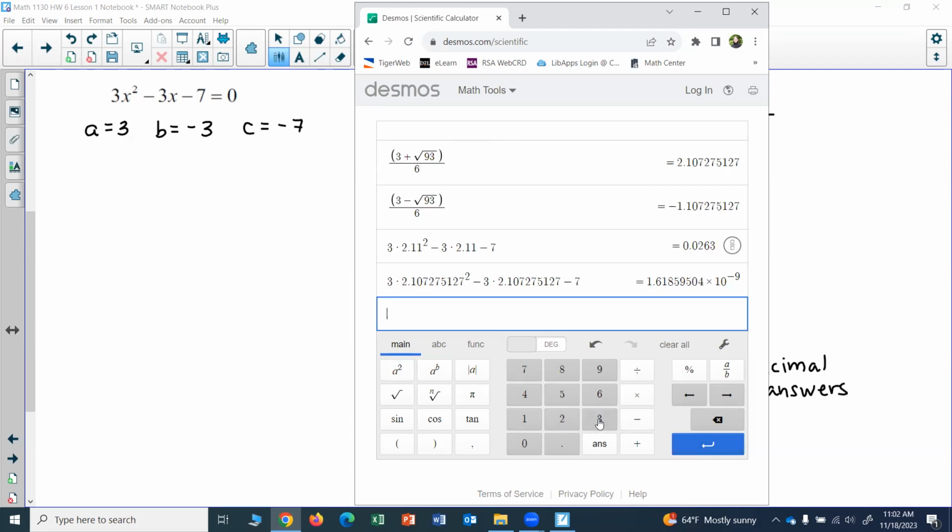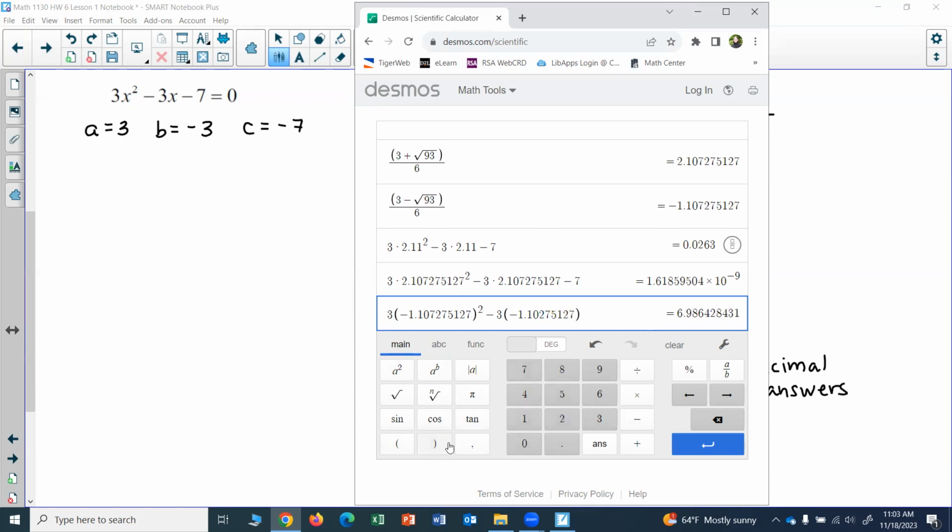And I want to check my second answer. I'll go ahead and do 3 parentheses negative 1.107275127. Close the parentheses and square, and then minus 3 parentheses, negative 1.107275127.